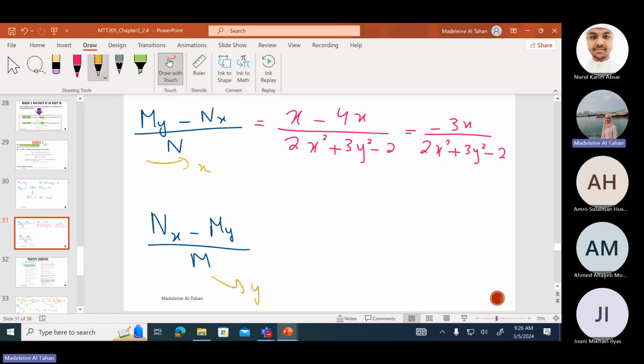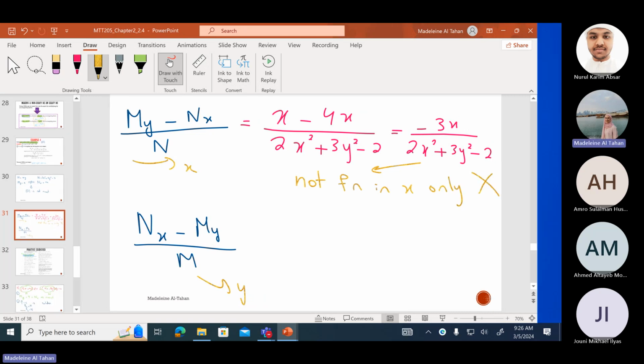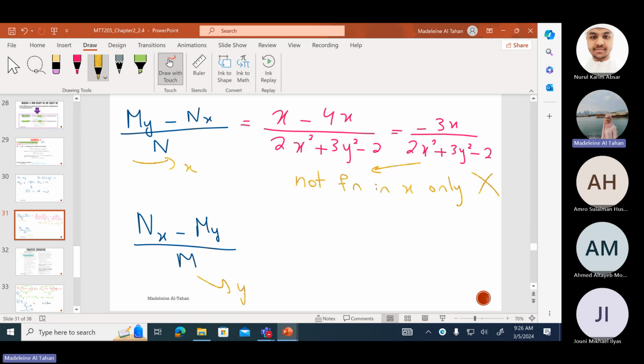Is it a function in x only? No. Do we use it? Okay, what should I check? The second one. Now, if it's a function in x only, do I have to check the second one? No. So the second one: N_x is 4x, minus M_y is x, over M, which is xy.